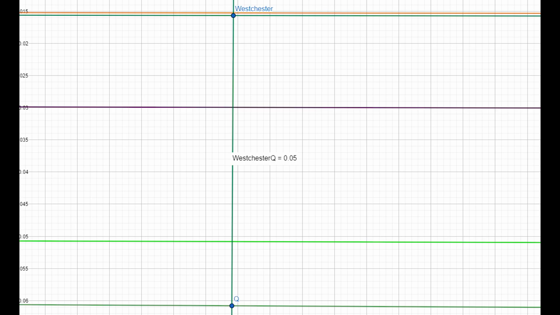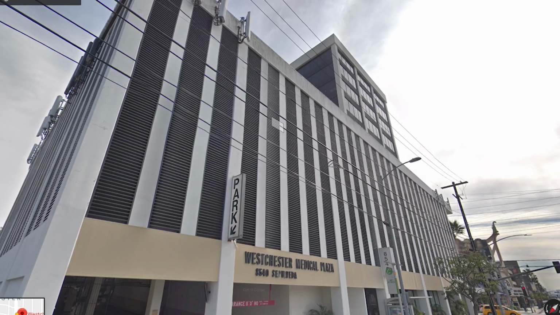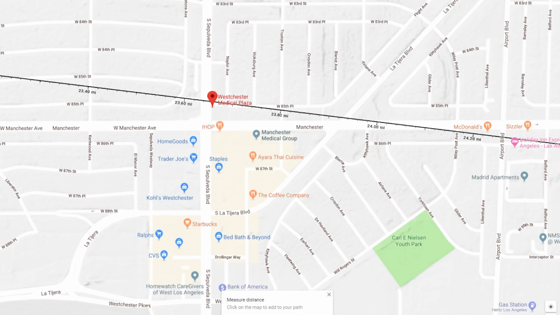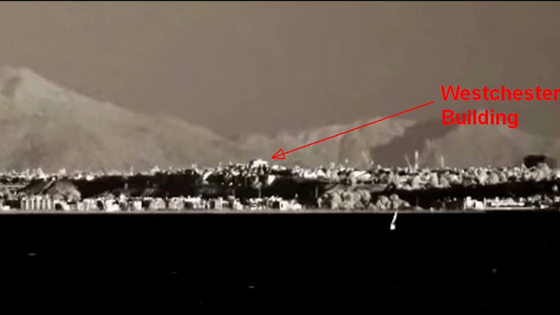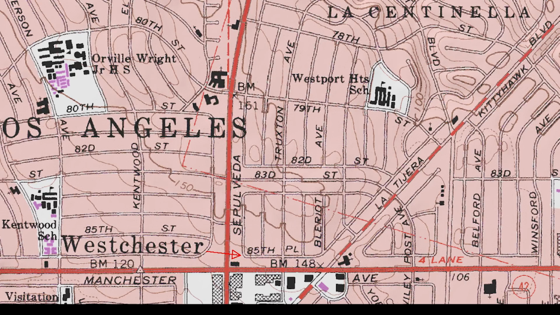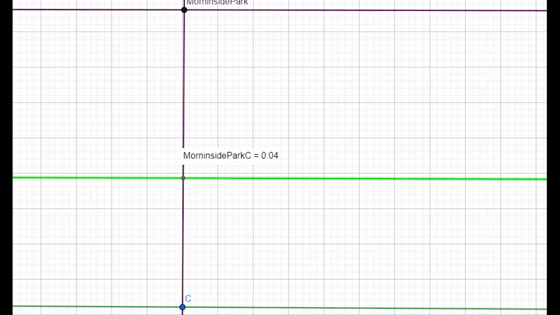Westchester Medical Plaza. Distance 23.7 miles. Elevation above MSL 130, building height 159 feet, total 289 feet equals 0.05 miles. Morningside Park.